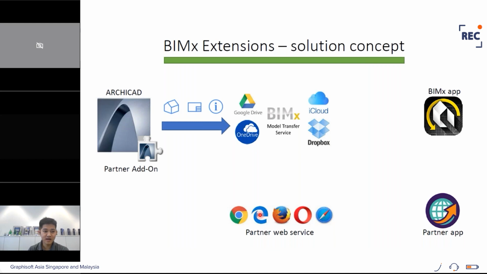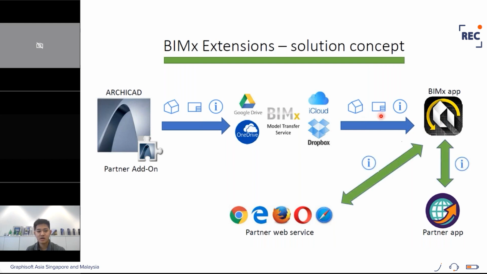Archicad can transfer the models, including the layout and the information, to the BIMx website. From there, it can be downloaded to your BIMx app together with the data that was transferred. And from the BIMx app, here is the part where the API comes into action.